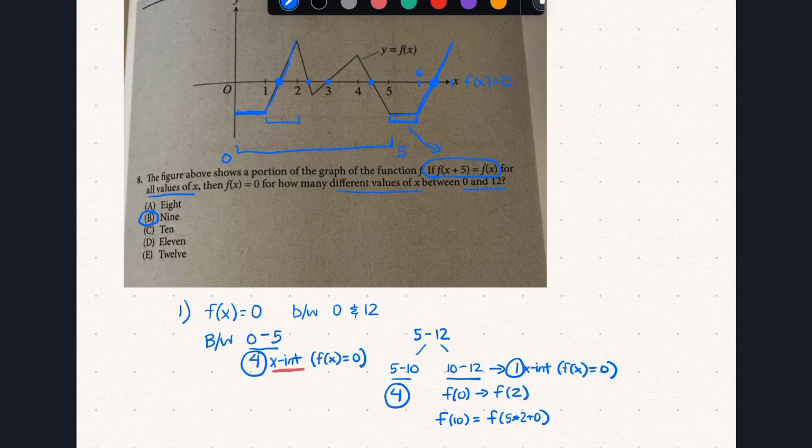And so really it's a matter of counting, and also noting that we're not going up to 15, we're going up to 12, which means that between 10 and 12, this is the only additional part of the function that we expect to see, where there's only one additional x-intercept on top of the 4 and the 4 that we got from f of 0 to f of 10. So the correct answer is B.